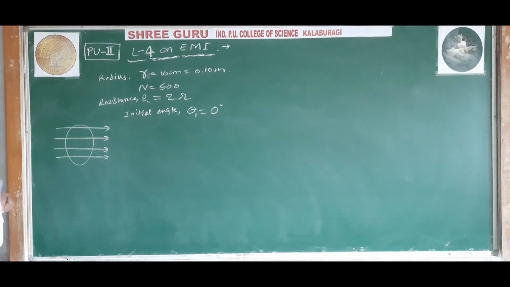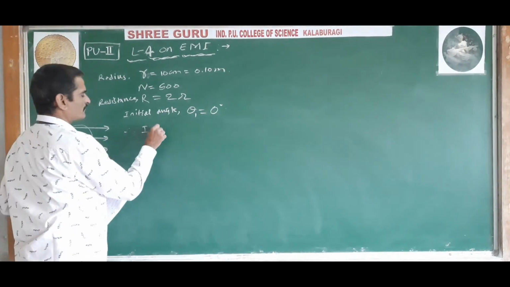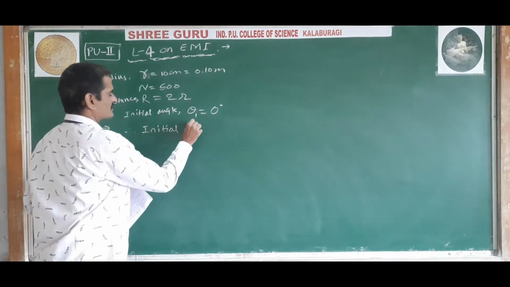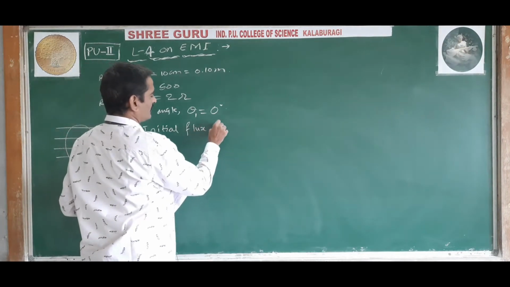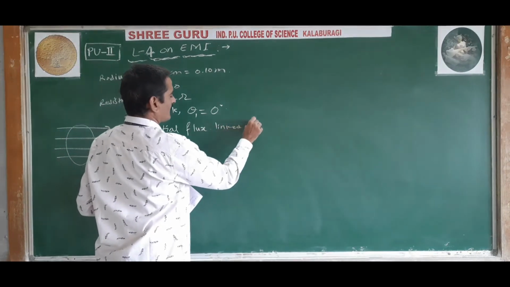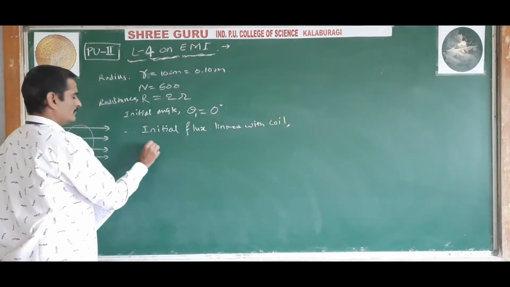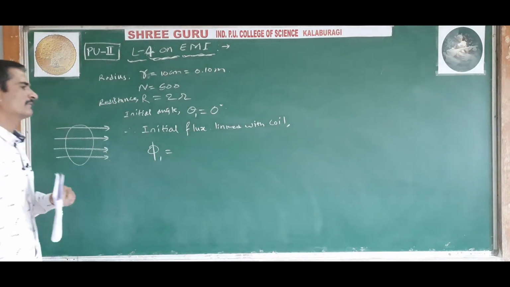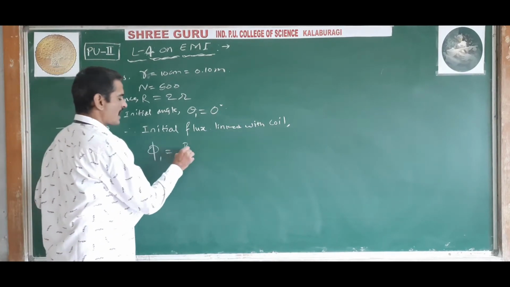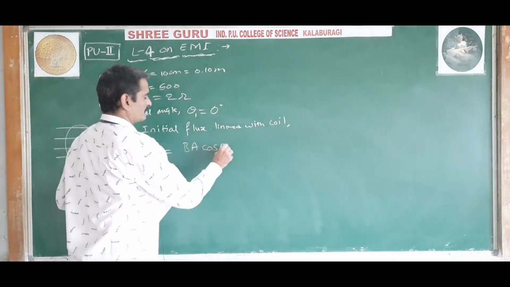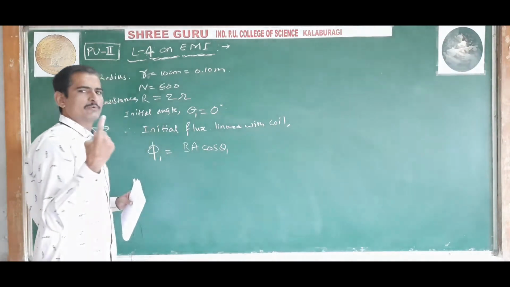Understood? So the initial flux linked with the coil, phi 1, is equal to, what is the formula? BA cos theta 1 if there is only one turn.